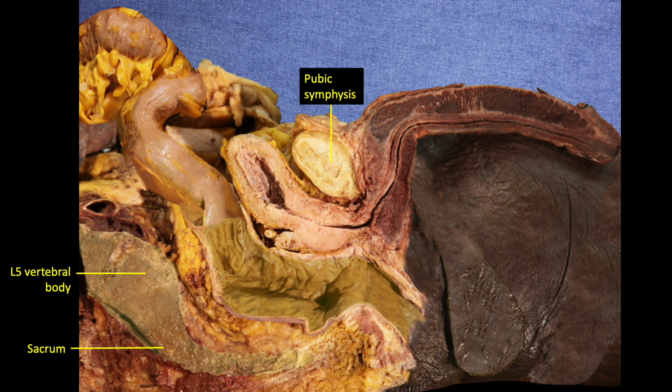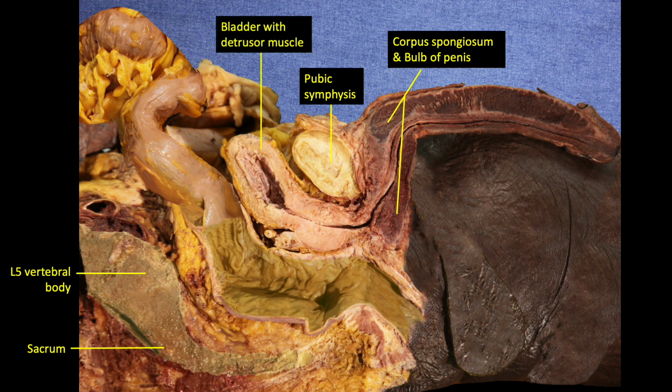Let's continue labeling the various structures that are visible in the image. Recall the erectile tissue of the penis when we studied the male perineum, the corpus spongiosum, and the bulb of the penis. We now label the bladder and its thick detrusor muscle making up its walls.